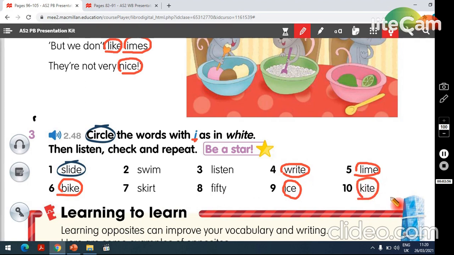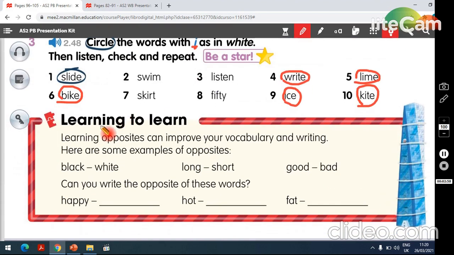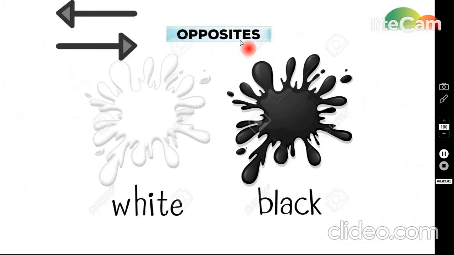Now let's move to learning to learn. It's about opposites. Opposites. المتعاكسات. Here we have white and black.